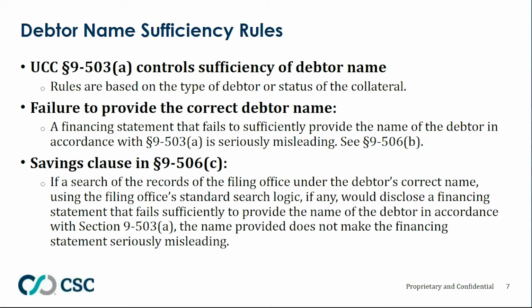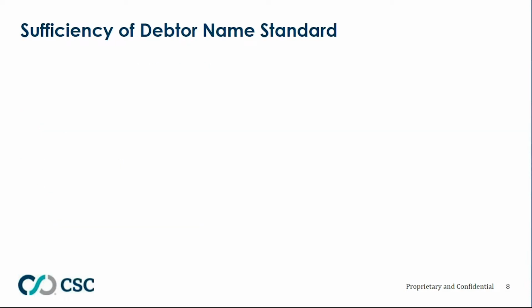And this makes sense because if you search the correct name and the financing statement comes up, it's not hidden and there's no harm in making it effective because the searcher has notice of it. But still, the savings clause there is not something that anyone ought to rely on, and I'll explain why in a minute.